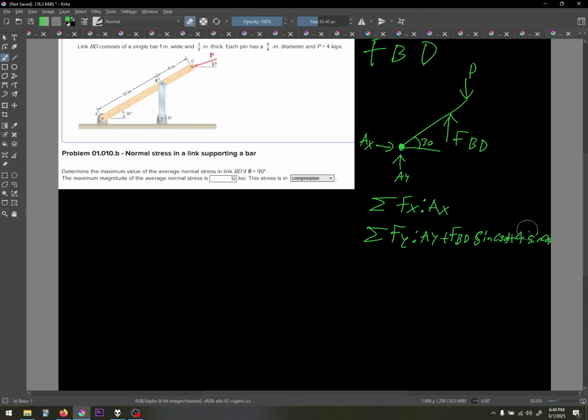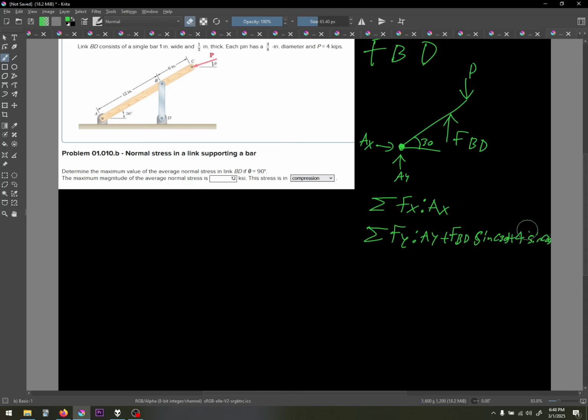Clockwise is minus 18 times P, which we know is 4 sine of 30. So that means that this equals this. So 18 times 4 sine of 30 is 36.